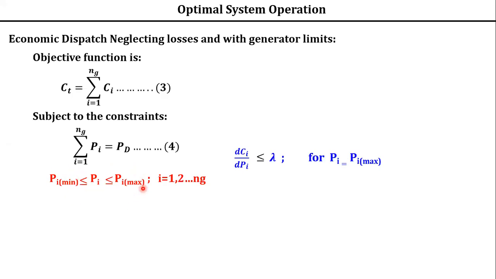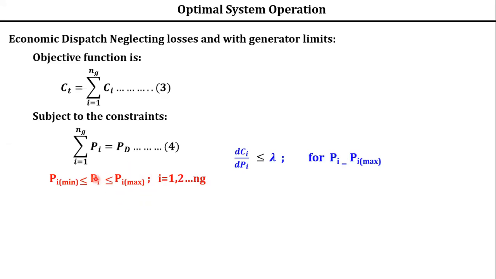Now coming back to the upper limit. Suppose the calculated value of Pi violates the maximum value. What happens if Pi is greater than Pi max? Same example, let us take: Pi max is 100 megawatt.